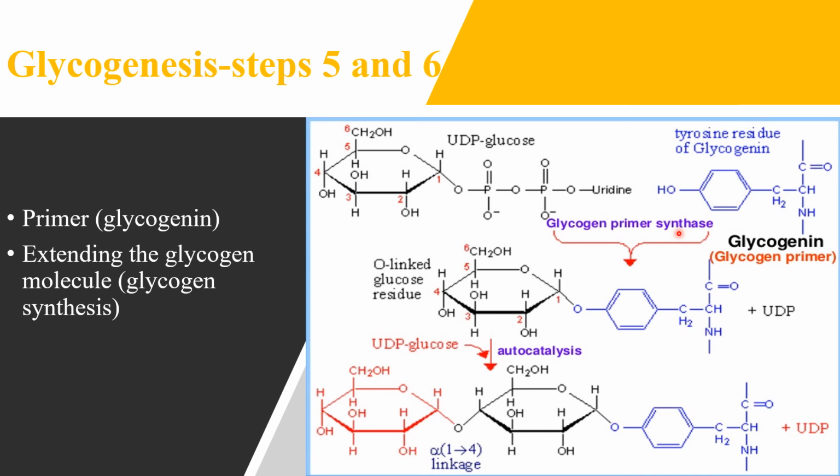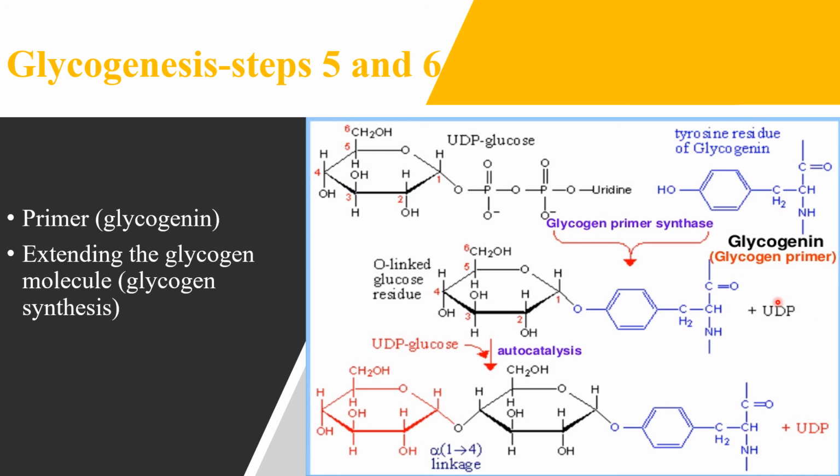So now we take UDP glucose in the presence of the primer. The enzyme glycogen synthase attaches this glucose onto the primer, and in the process we also form a UDP molecule.